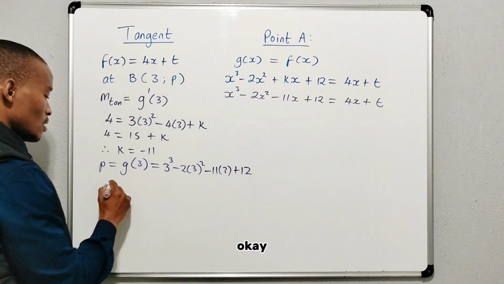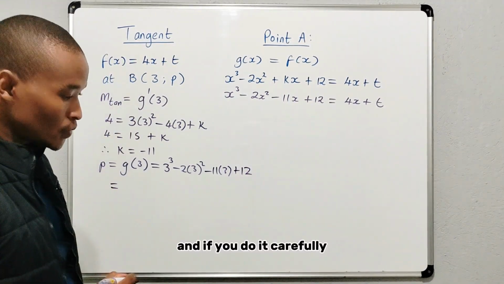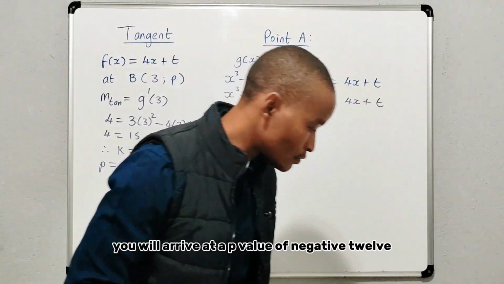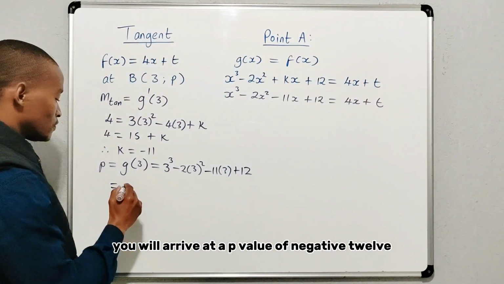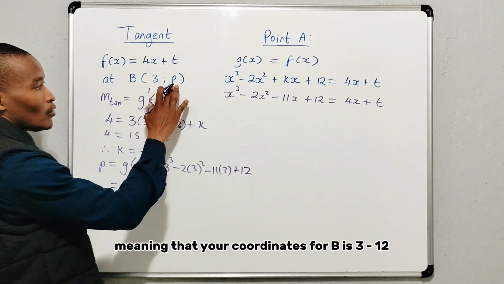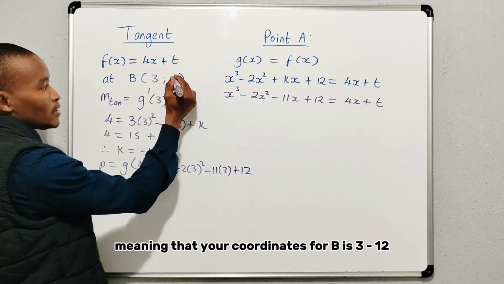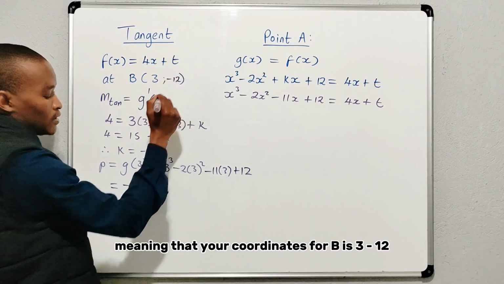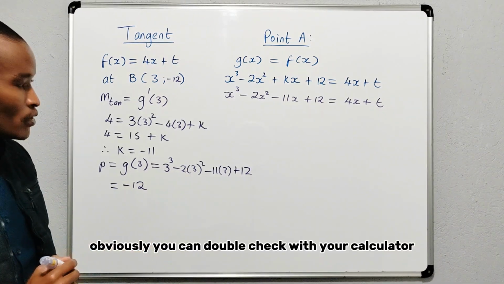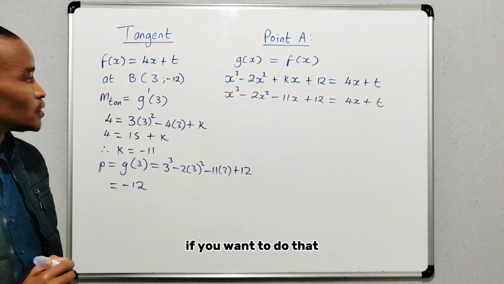Okay, and if you do it carefully, you will arrive at a P value of negative 12. Okay? Meaning that your coordinates for B is (3, -12). Okay, so obviously you can double check with your calculator if you want to do that.